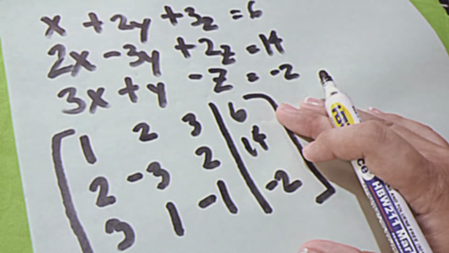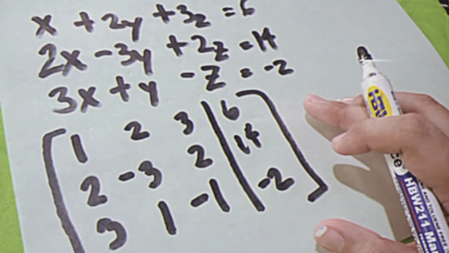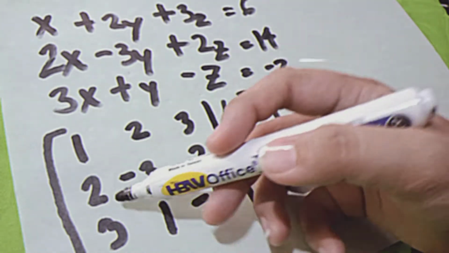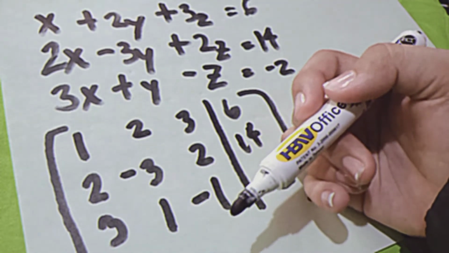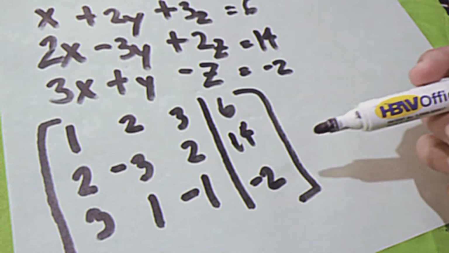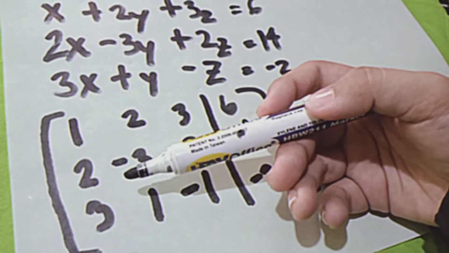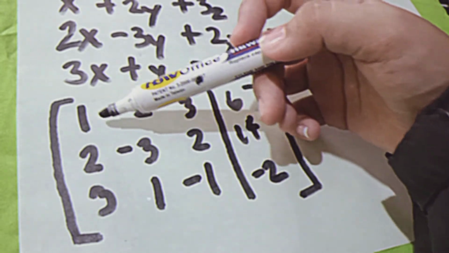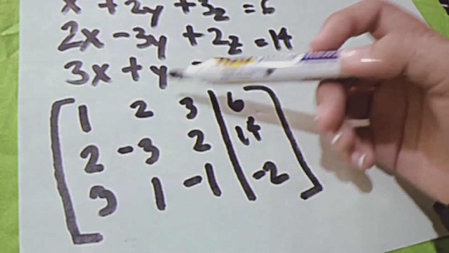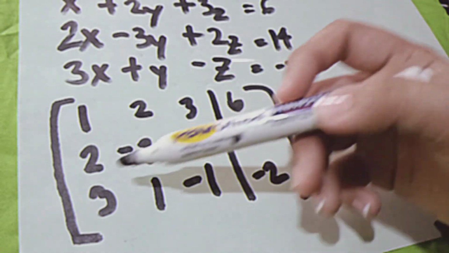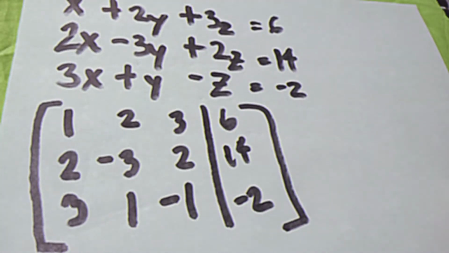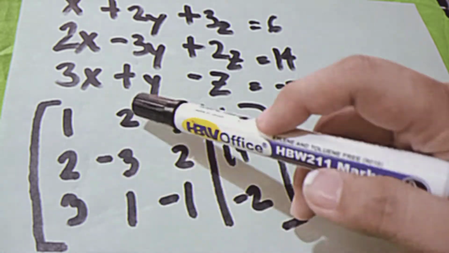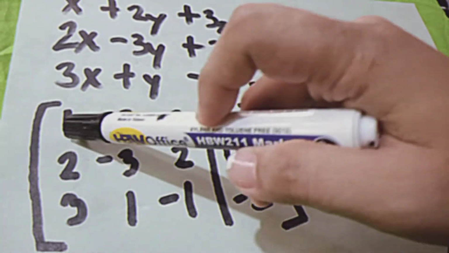Those are the basic operations I'm going to be using, and my goal for the Gaussian elimination is to get a 1 and then 0s underneath. I'm going to have a leading 1, which is already what I have here, and then 0s underneath. So as you will see, this will become a diagonal of 1s, and the numbers beside it will become 0. So the first thing we will do is make this 2 a 0, because these three numbers need to become 0, and then this one also becomes 0, and then this should become a diagonal 1.